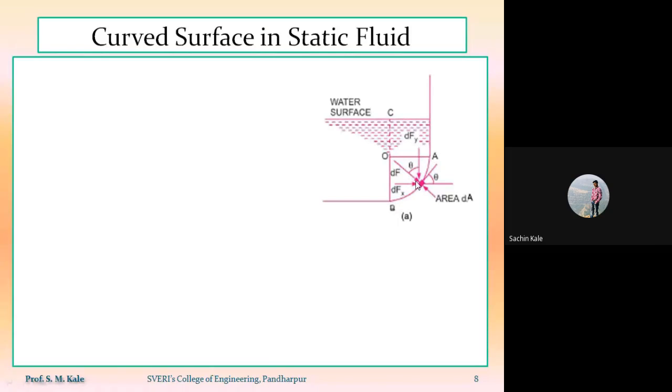For that purpose, I divide this curved surface AB into a number of small areas, each having area dA, and out of those small areas dA, I select any one.